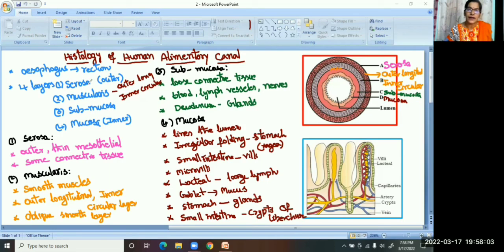So the order from outer to inner is serosa, outer longitudinal, inner circular, then submucosa, and the inner layer is mucosa.